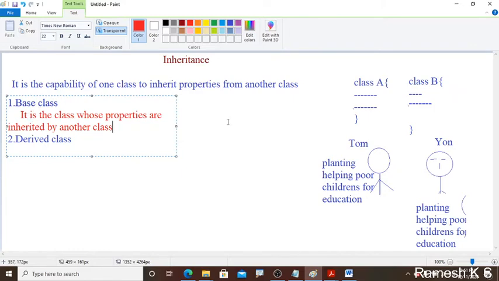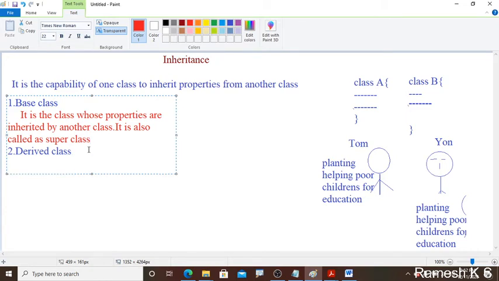It is the class whose properties are inherited to the other class. It is also called a superclass. So this is the base class.